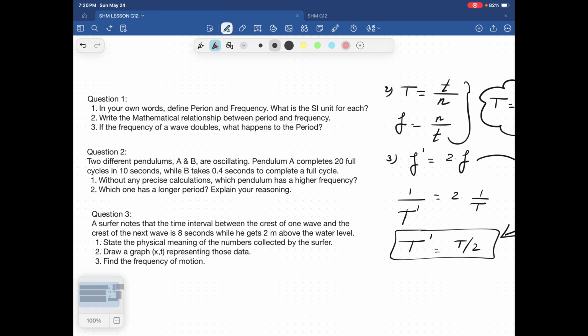However, for pendulum B, there is 1 cycle in 0.4 seconds. And so for 10 cycles, it is going to take how much? X is equal to 0.4 multiplied by 10, divided by 1, and X is equal to 4 seconds.